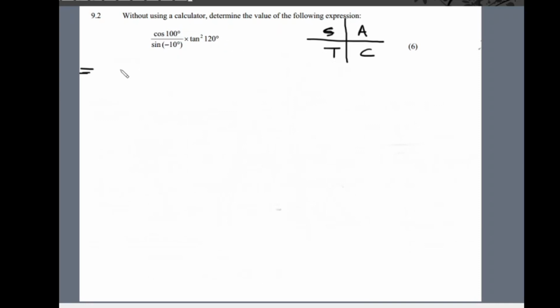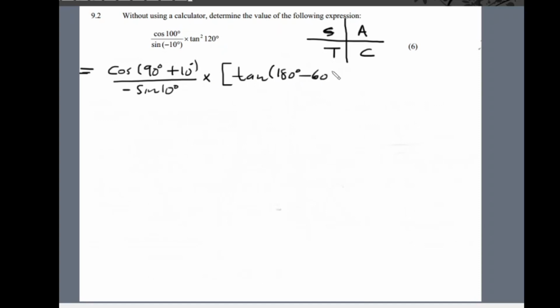Now reducing this, we will say cos 100 degrees is the same as saying cos (90 degrees plus 10 degrees), right? Divided by sine of minus 10 degrees, which is minus sine 10 degrees, and then multiplied by tan of 120, which can be written as 180 degrees minus 60 degrees.